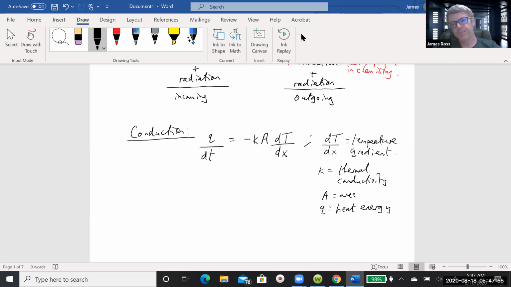Okay. And I guess I can put dt is change in time. So what I mean by this temperature gradient is as follows.